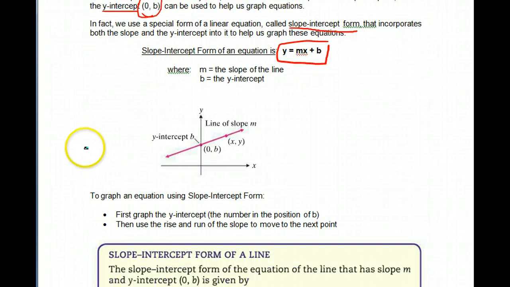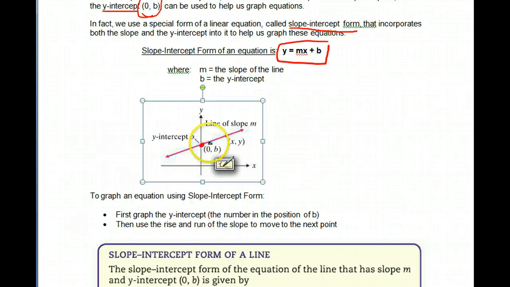Now, as you look at this little graphic here, you should be able to see that when it crosses the y-axis, we can see what that intercept is because we can read the y-axis and get the value of b. And then we can find slope by using rise and run, right? We can use rise and run to get the slope of that line, and then that gives us our m and b.